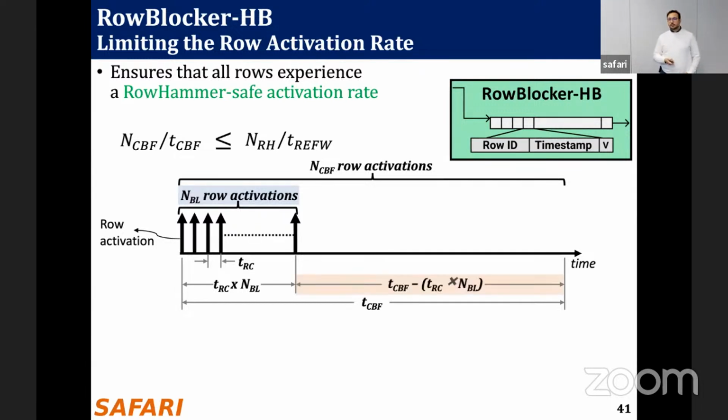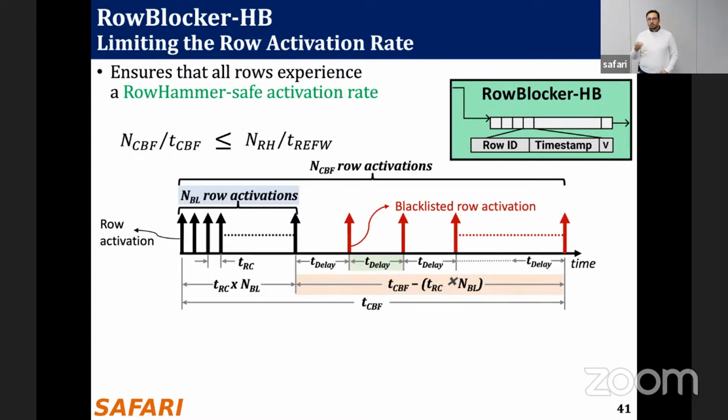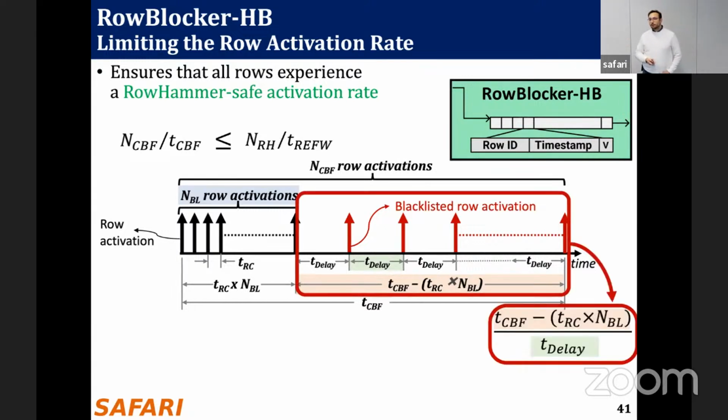Once we reach the blacklisting threshold, we have a remaining time in this time epoch and a remaining budget of activations, and we evenly distribute this budget of row activations in time. For that, we enforce a certain delay between two activations.